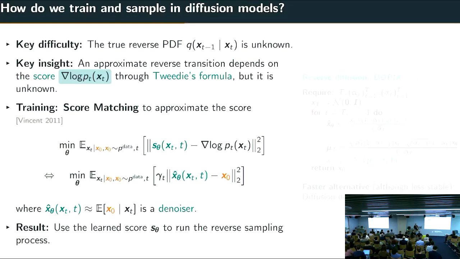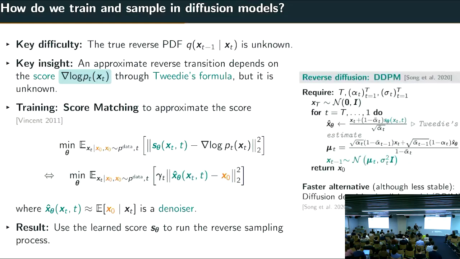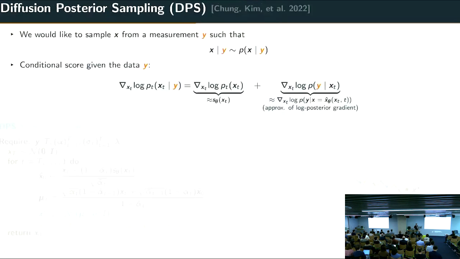And then we use this trained score, and we inject it into a reverse diffusion process, which takes the form of this algorithm. So we start from white noise, and we apply this denoiser, and we sample a realistic image, starting just from noise. And there are some faster alternatives like DDIM, which allows us to use fewer time steps.